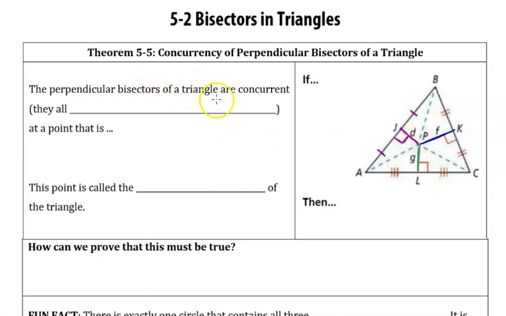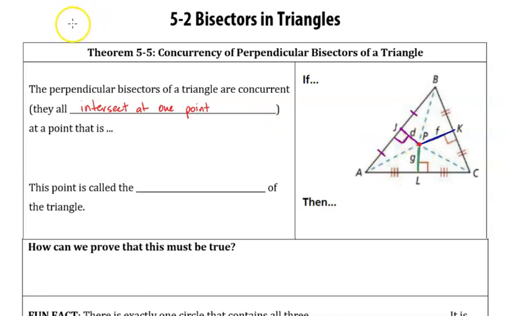And this theorem says that they are concurrent. What that means is that they all intersect at one point, which is unique because I have three different segments. If I'm looking at two segments that intersect, of course they're going to intersect at one point. But if we start looking at more than two segments, it's not guaranteed that three segments will always intersect at a single point, right?